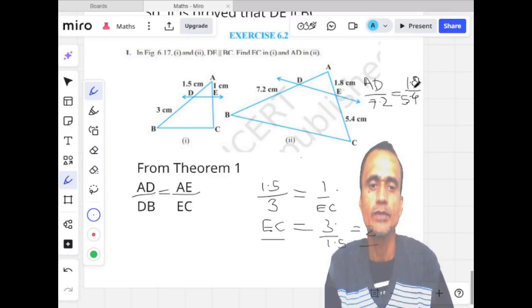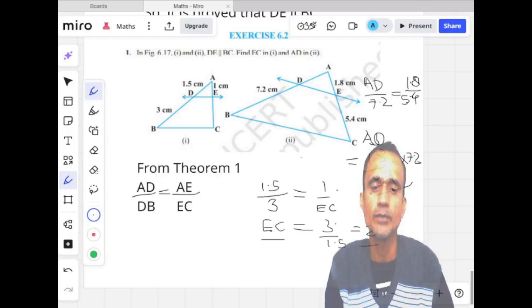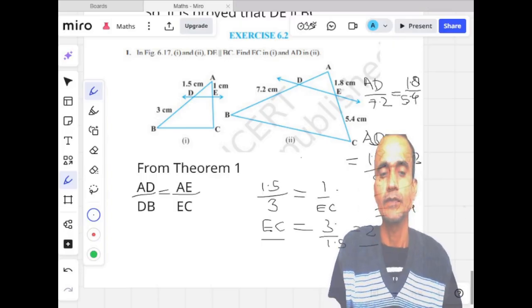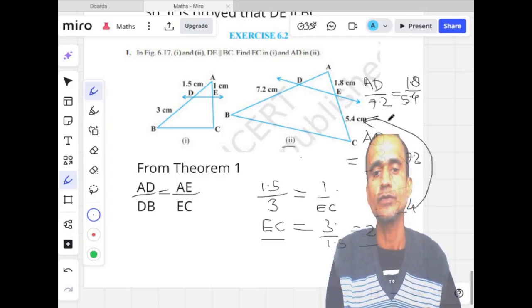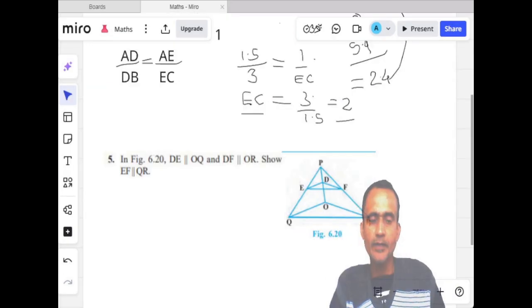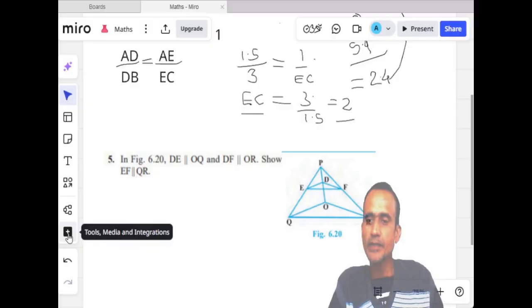So we'll get AD is equal to 1.8 divided by 5.4 into 7.2. That comes out to 2.4, the answer for subsection 2. Now let us solve question 5. As questions 2, 3, 4 are very easy questions.